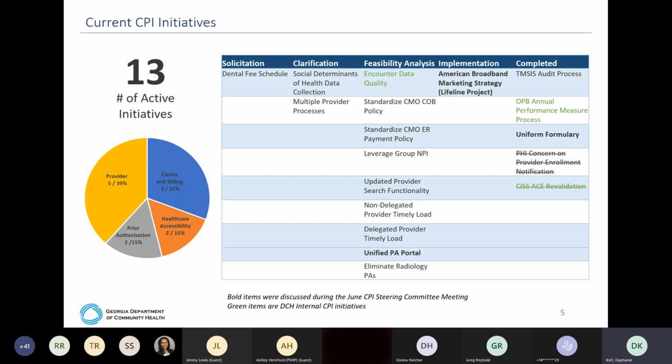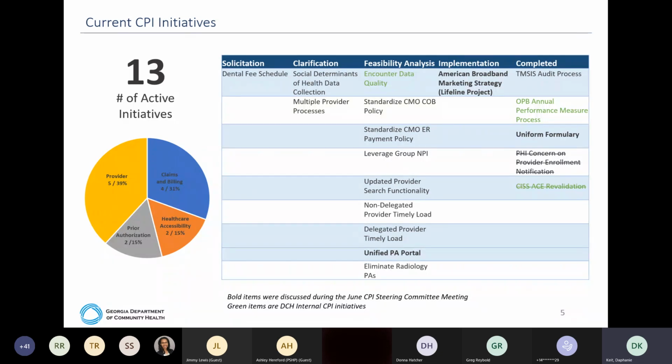This one has moved to completed because the department dispositioned this particular item, and that disposition was provided to the PA stakeholders, all CPI stakeholders, which just indicated that at this time, DCH will not pursue a uniform formulary and will not engage the discussions until we start with our CMO reprocurement.